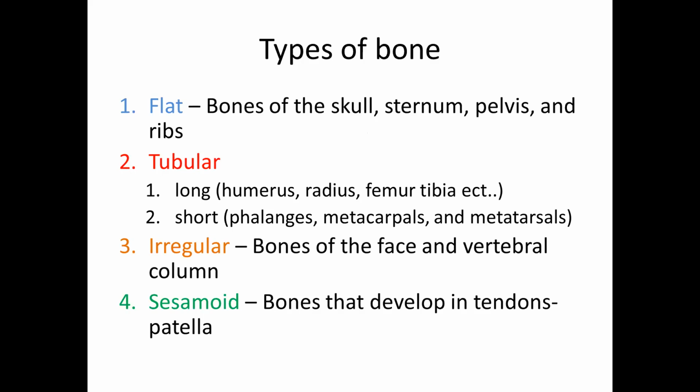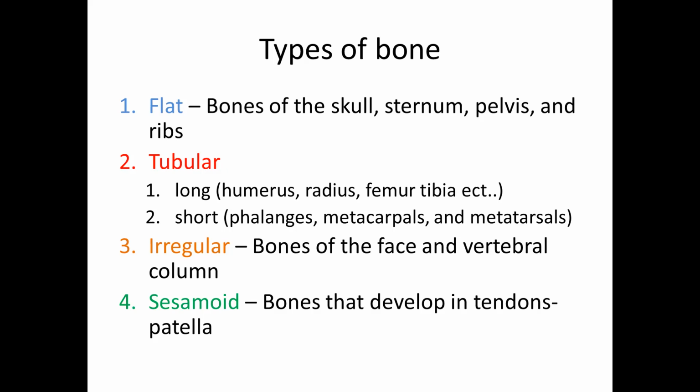There are different types of bone, and by looking at their shape, their morphology, we can divide them into different types. Flat bones, like the bones of the skull, the sternum, the pelvis, and the ribs. Then tubular bones, which we generally call long bones, like the humerus, radius, femur, and tibia.